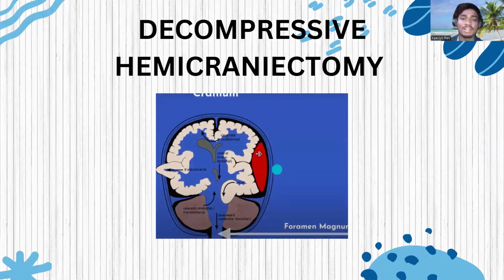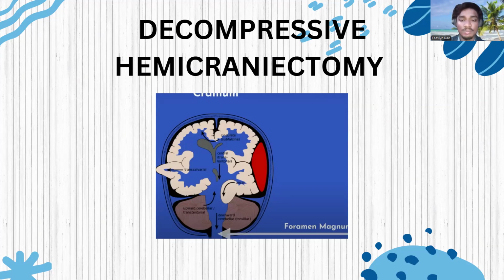So for example, I have taken a case here to study, which is called decompressive hemicraniectomy. So what is decompressive hemicraniectomy? It happens very rarely, and most of the time it's caused by accidents or any damage to the head. When there's damage to the head, it causes inflammation in the head, which will cause inflammation of the brain.